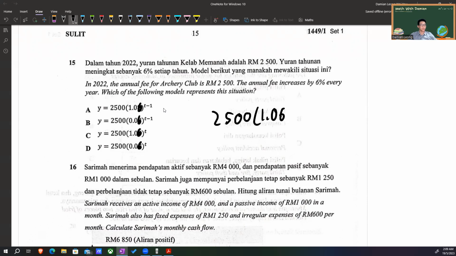Yeah, question error again. 1.06 to the power of t. Because each year I multiply by 1.06, so 1.06 to the power of t.